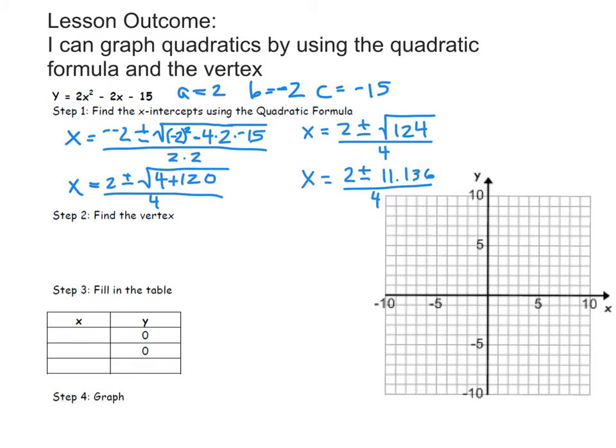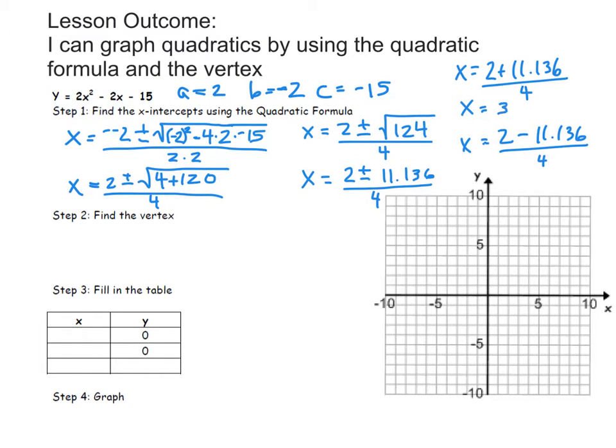So we'll split those two up, the plus and the minus. We have x equals 2 plus 11.136 divided by 4, or we have x equals 2 minus 11.136 divided by 4. So we'll compute those. And be careful to divide by 4. A lot of times we end up dividing by 2, but we are dividing by 4.